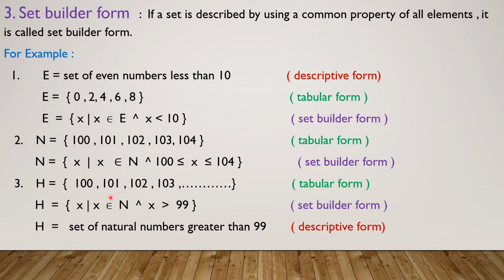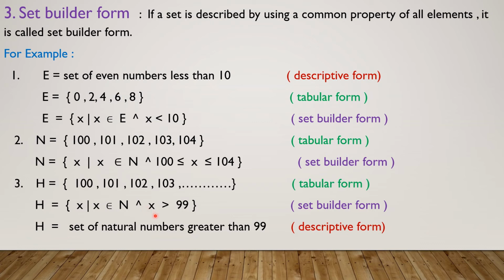See the next set, H: 100, 101, 102, 103 and so on. This is tabular form. Now we will write this set in set builder form. How? We always express the elements of the set with x in set builder form, such that all x belong to natural numbers, because these are natural numbers.